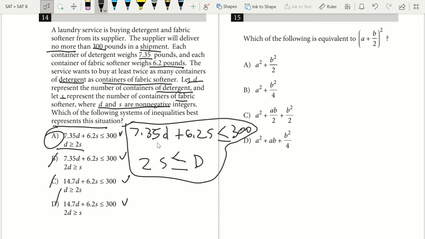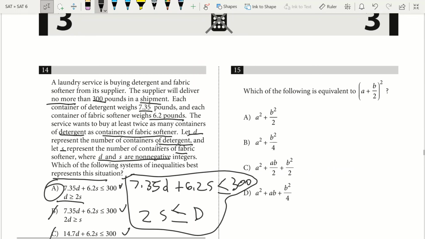Question 15. Which of the following is equivalent to (A plus B over 2) squared? Well, what we have to do here is go ahead and do A plus B over 2 times itself, and then we have to use FOIL, or the box method, whatever you prefer. We'll just use FOIL here.